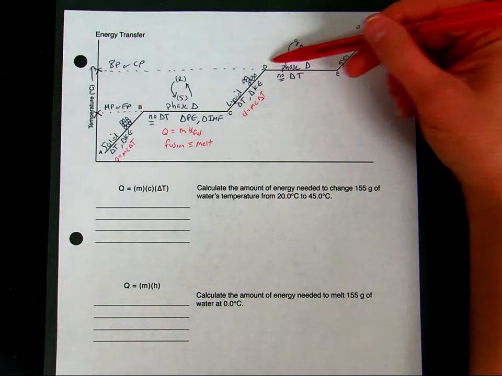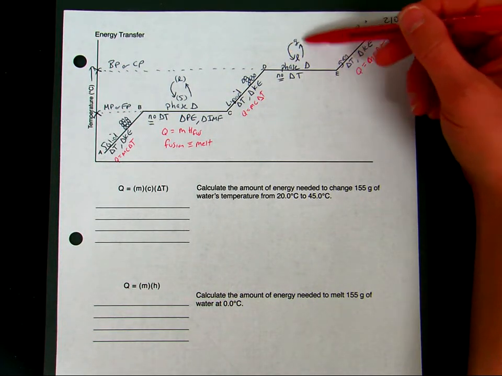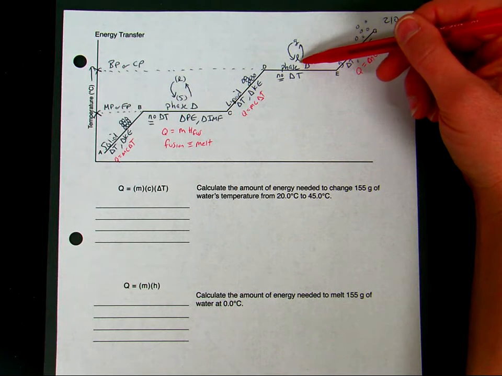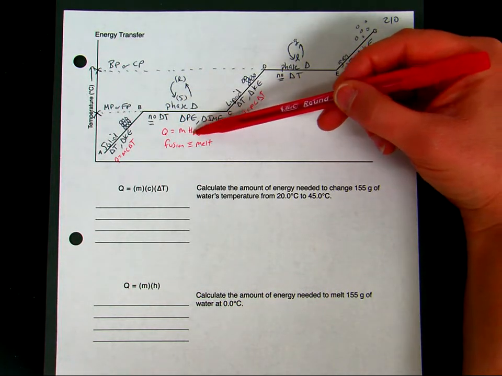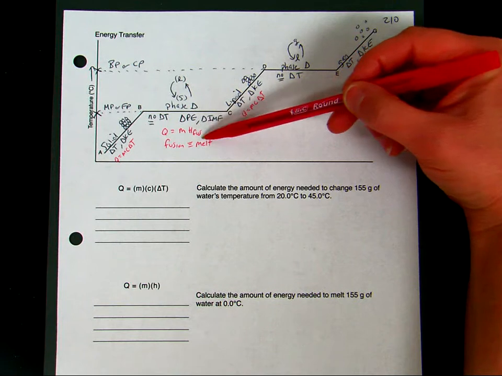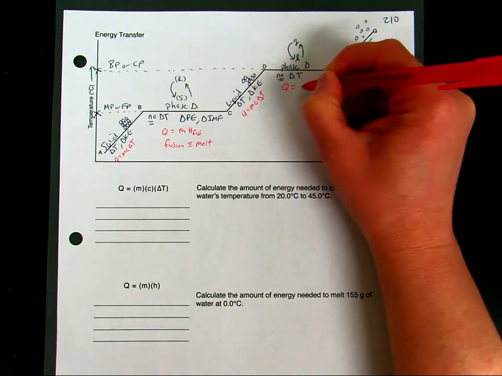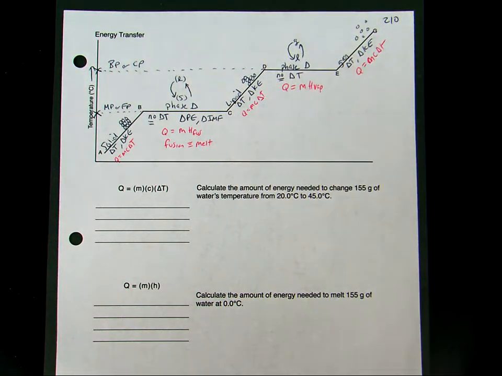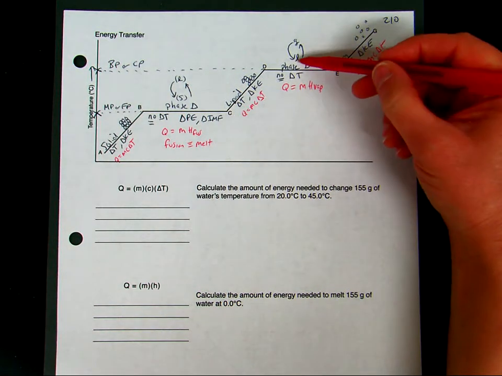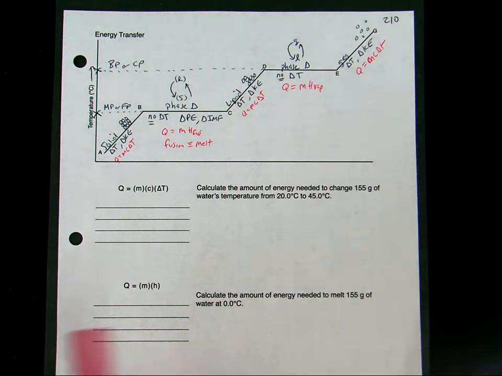Whereas segment DE, we're changing between liquid and gas, a different set of phases present. So we would use Q equals M times H, but we wouldn't use the heat of fusion. Instead, we would use Q equals M times H of vaporization, because vaporization is the idea of a liquid changing to a gas.